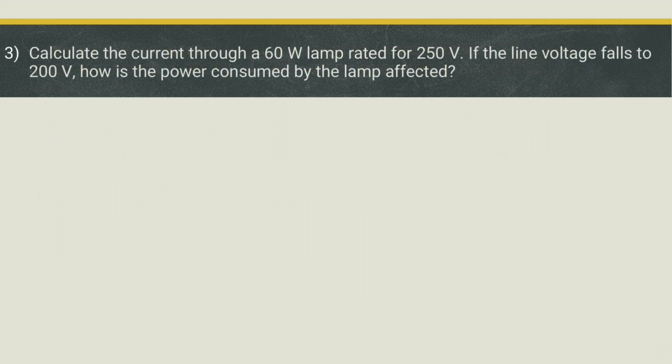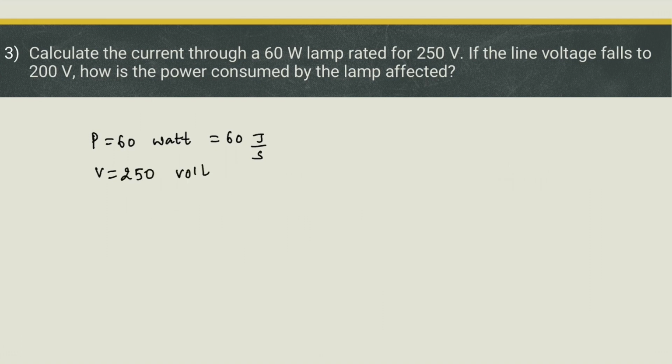Third, calculate the current through a 60 watt lamp rated for 250 volt. So power is 60 watt, or we can say 60 joules per second. So this bulb consumes 60 joules energy per second only when it is connected to 250 volt.